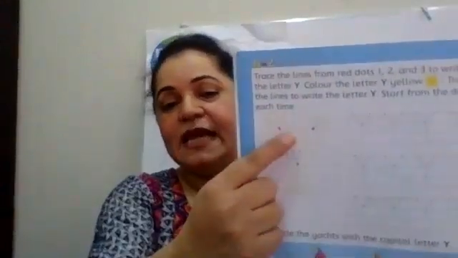Now, all of you, with the help of your lead pencils, you're going to trace the capital Y over here. Put the book flat on the table and sit properly, so you can trace well. Now hold the pencil like this in these two fingers and then lock it with your thumb.